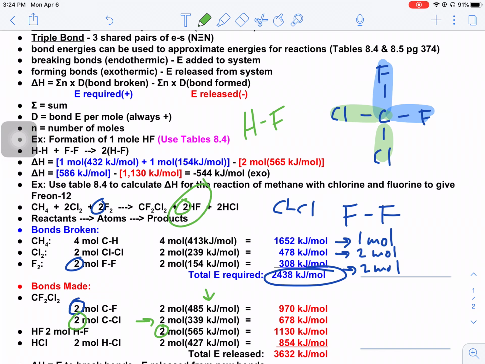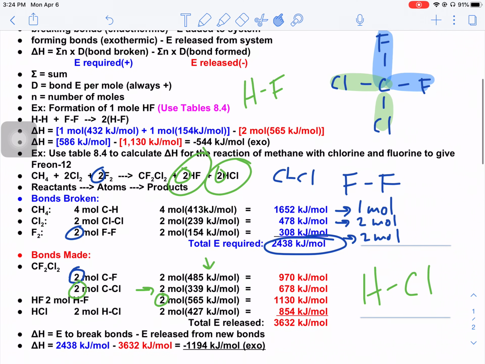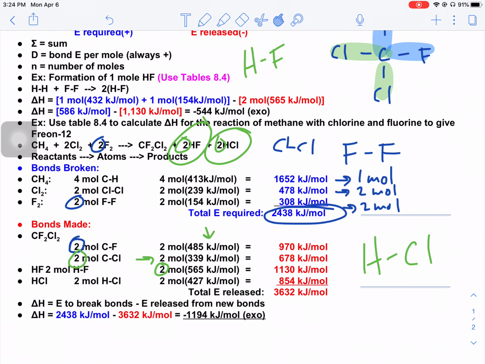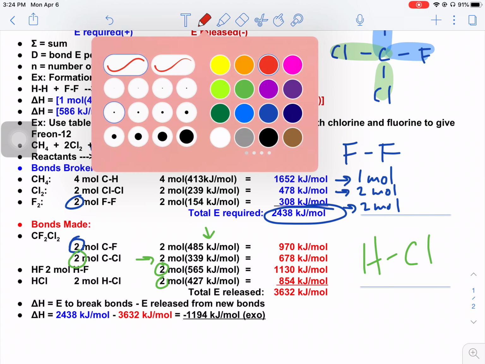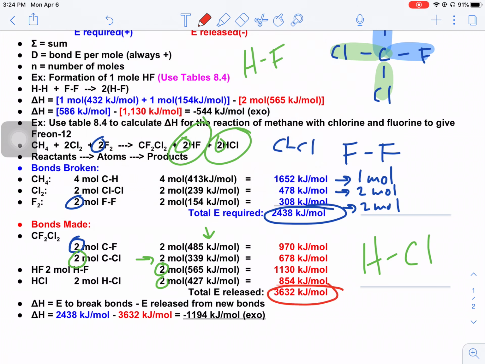And the very last thing that we have to look up is our hydrogen chloride. And we know that hydrogen chloride is a single bond. The coefficient from the balanced equation is 2. So 2 times the energy of a hydrogen chlorine bond is about 427 kilojoules per mole, so we have to multiply that by 2. Now, if we sum up all these values, this is how much energy is released, okay?